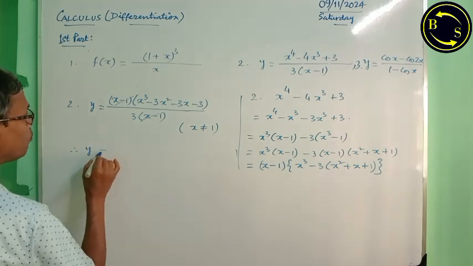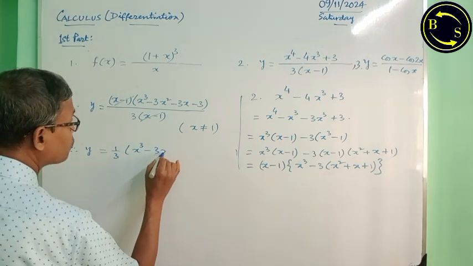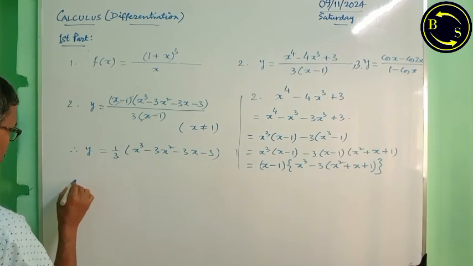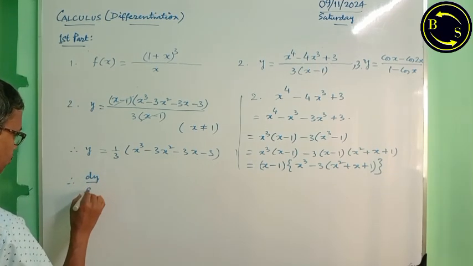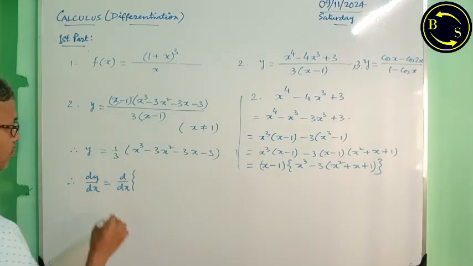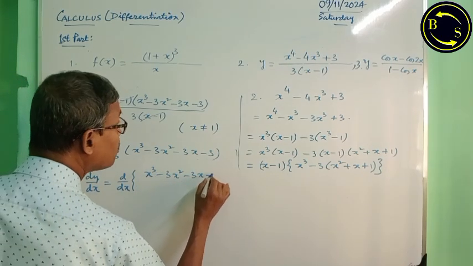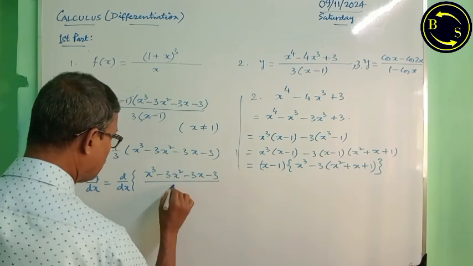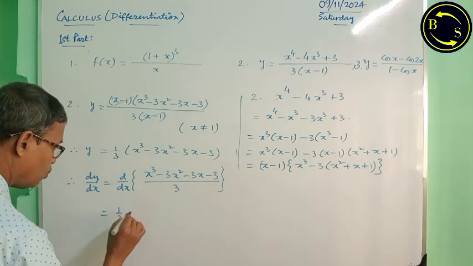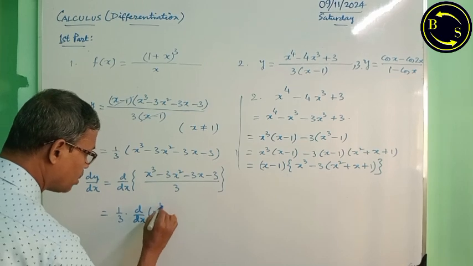Therefore, y equal to 1 by 3 within brackets x cube minus 3x square minus 3x minus 3. Therefore, dy dx of the whole x cube minus 3x square minus 3x minus 3 divided by 3. 3 is constant, therefore it is taken outside, into dx of the whole numerator.